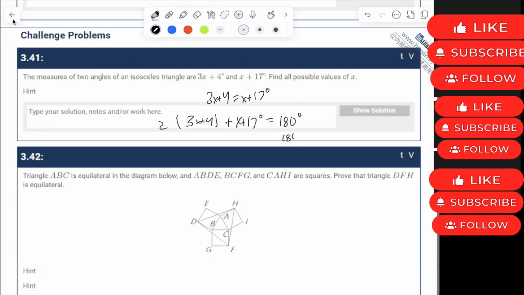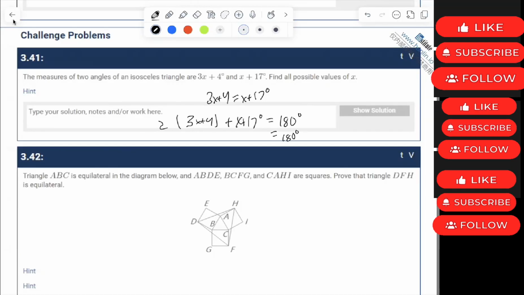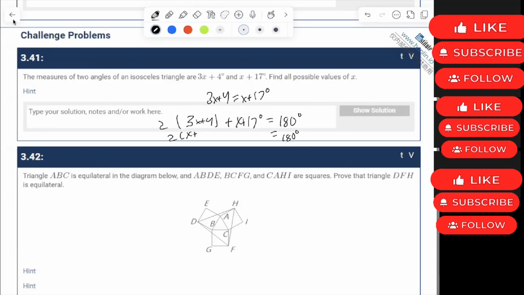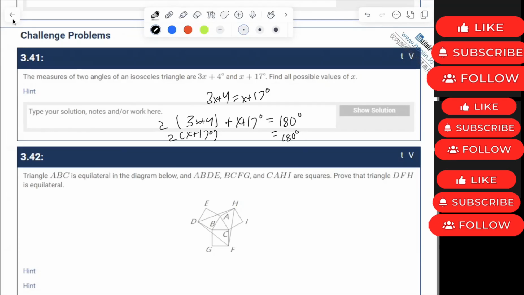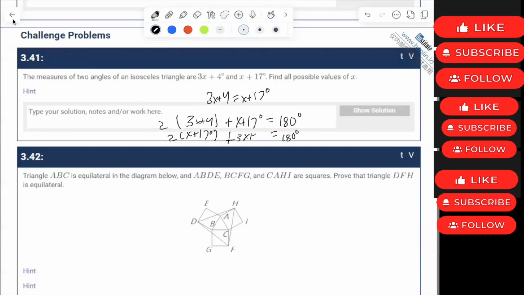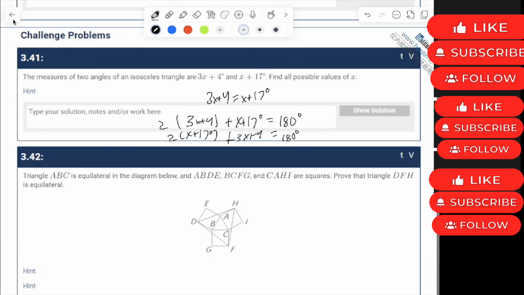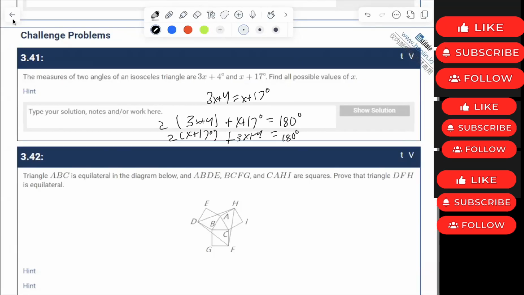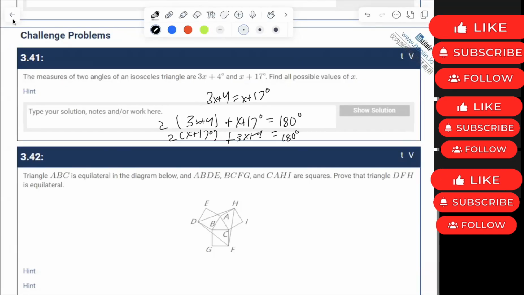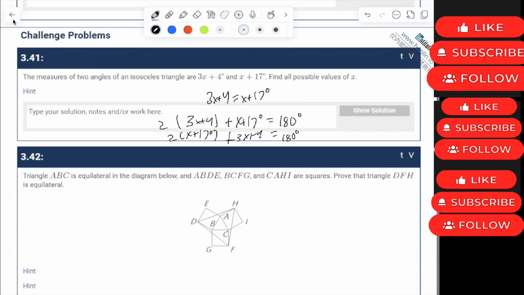And finally, 180 degrees is equal to 2 times x plus 17 plus 3x plus 4. Alright? So you just gotta solve the equations and you get the three possible values of x.